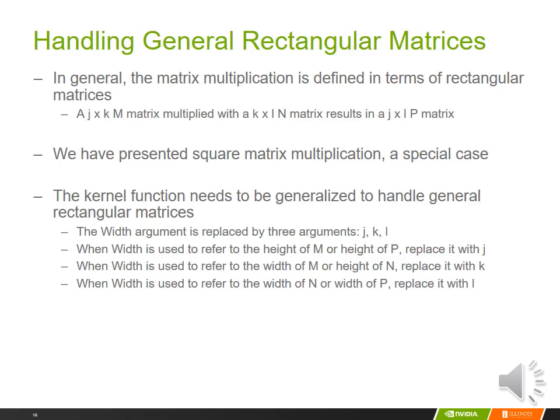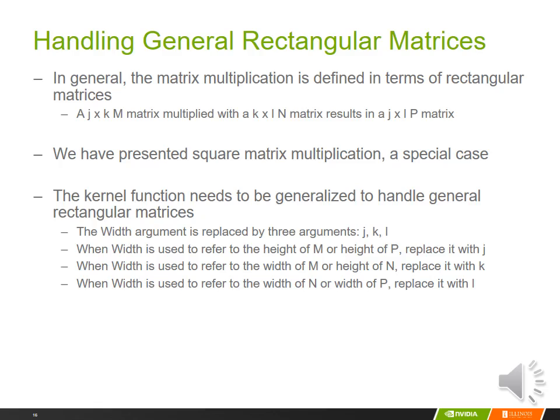So we would like to extend our square matrix multiplication kernel into a general matrix multiplication kernel that can handle arbitrary rectangular matrices. And it turns out that we can do this fairly easily from our current kernel. We just need to make a few changes to the kernel function.